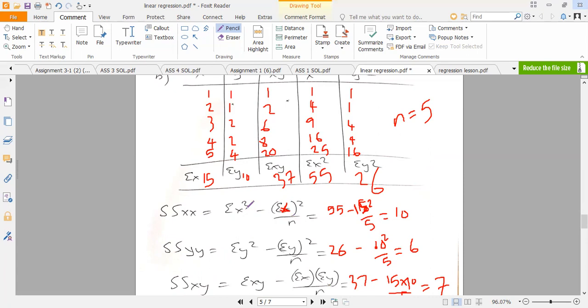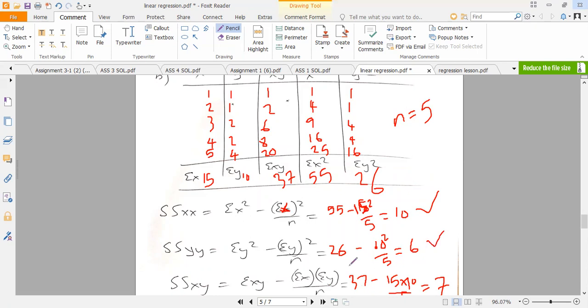So here we have 55 minus 15 to the power 2 over 5. We get 10. Syy is summation of y squared minus summation of y to the power 2 over n. So it's 26 minus 10 squared over our n, which is 5. n is the number of pairs, so 5. So we got 6 there.